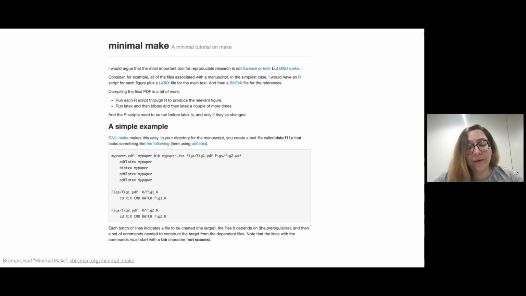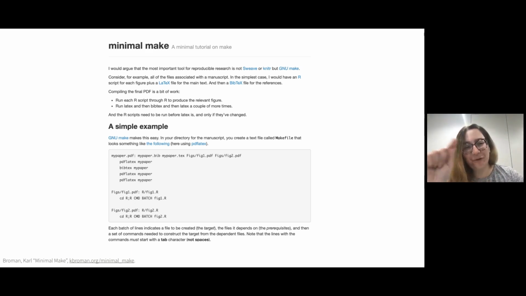Basically, the snapshot you're seeing in the middle of the screen here on the slide is a plain text file that tells make in which order to run things. If you've ever done paper writing with LaTeX that had citations, you know you need to run LaTeX and then BibTeX and then LaTeX and then LaTeX again in order to get all your citations working.